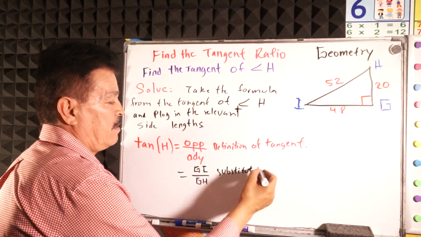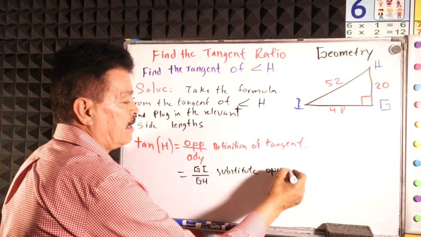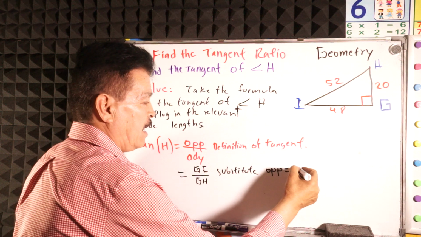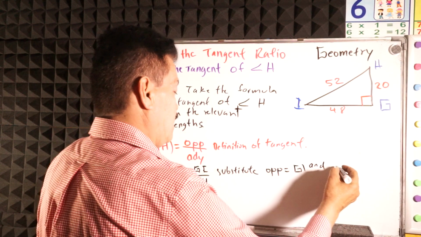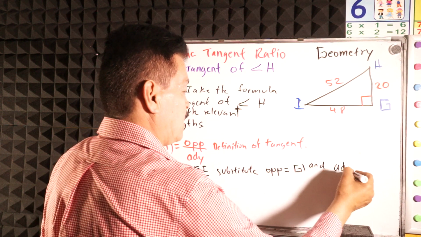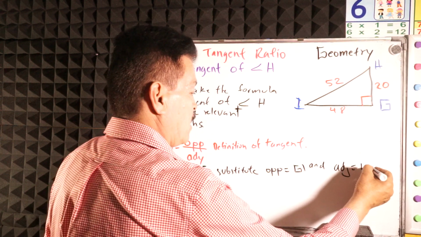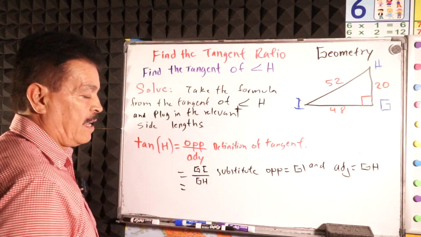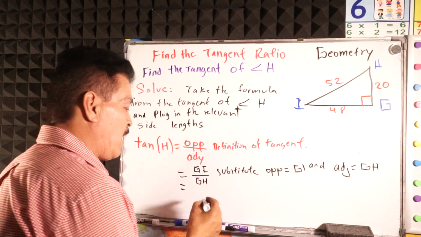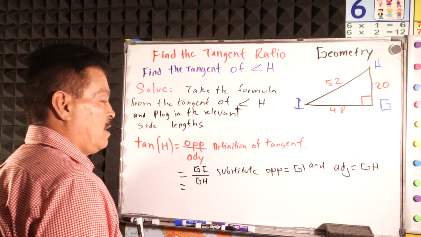Substitute: opposite equals GI and adjacent equals GH.